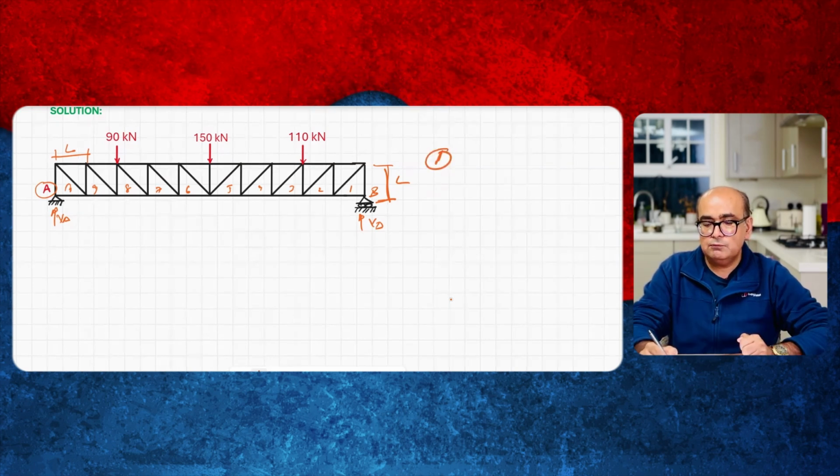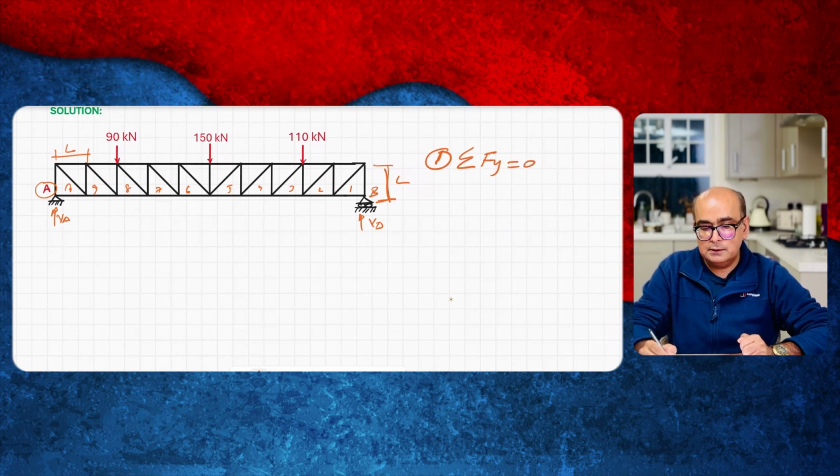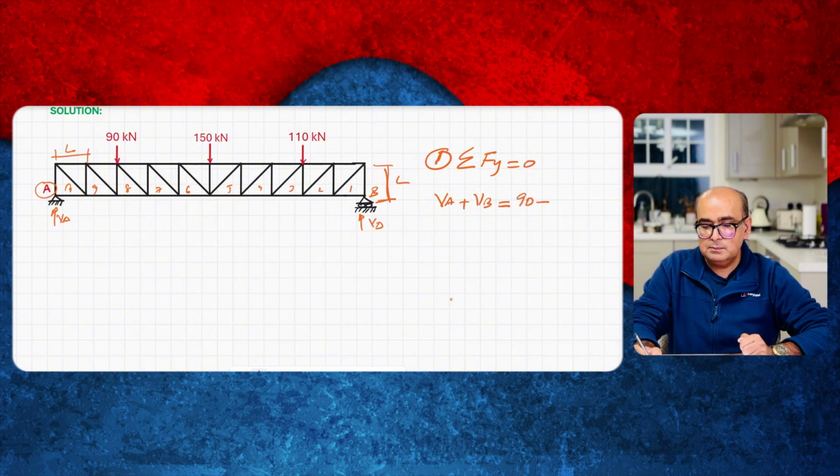First, I will say summation of vertical forces equal to 0. So vertical forces here are VA plus VB is equal to 90 plus 150 plus I have 110. If I combine this, I will get a total load of 350 kilonewton.